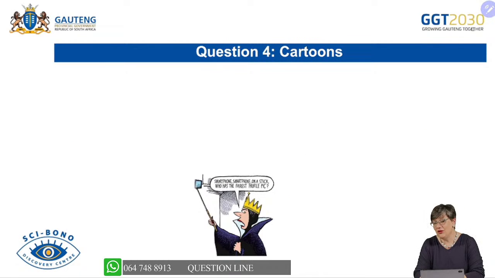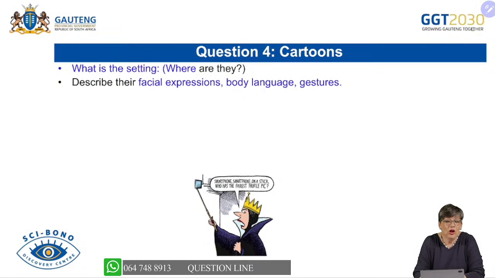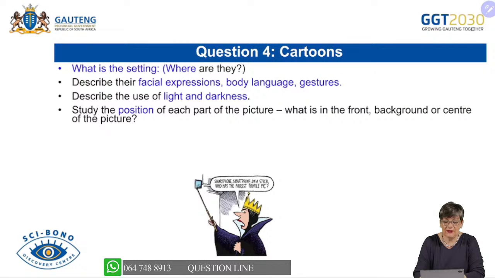Now let's move over to your cartoons. When you analyze cartoons, and you can do exactly the same, look at the following questions. And these are basic questions, but they give you so much information. What is the setting? Where are they? Look at their facial expressions, the body language, the gestures. Look at light and dark, how light and dark is used.